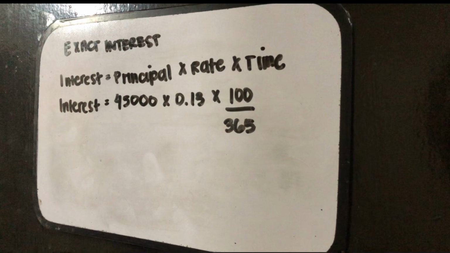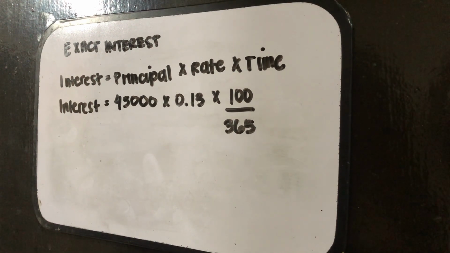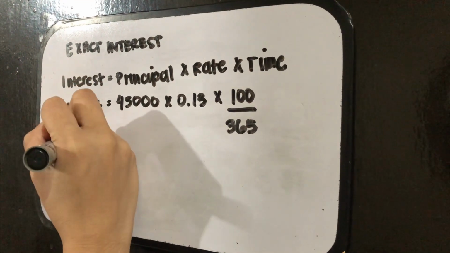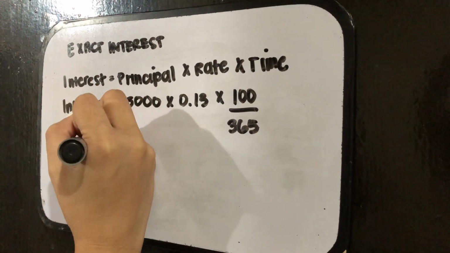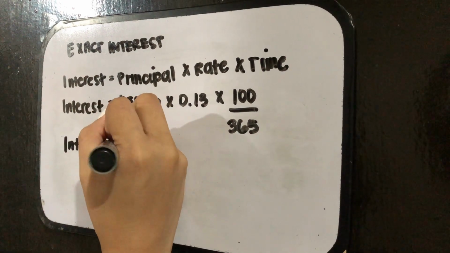Interest equals $45,000 times 0.13 times 100 over 365. So ngayon, i-divide mo lang yung 100 sa 365.